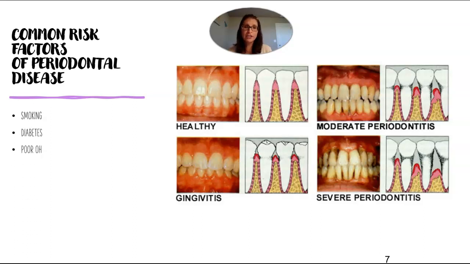Poor oral hygiene. We know that if you don't brush and floss your teeth, this is what's going to happen. You're more than likely going to end up losing a lot of your teeth eventually, just because that bacteria is allowed to stay on your teeth. It's going to not only decay your teeth, but it's also going to recede your gum tissue and also your bone.